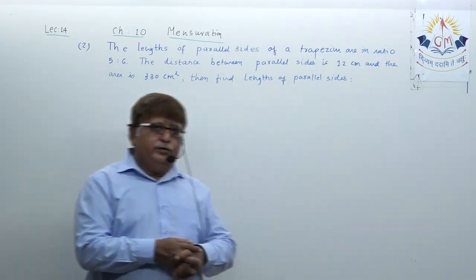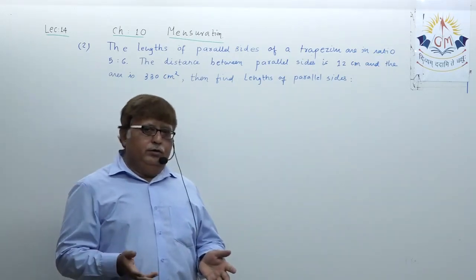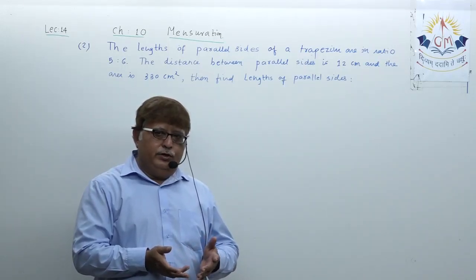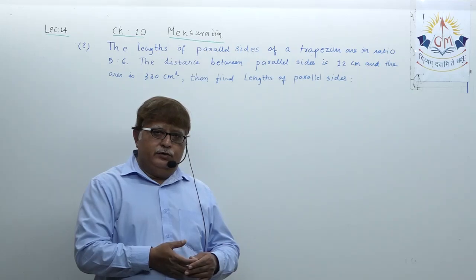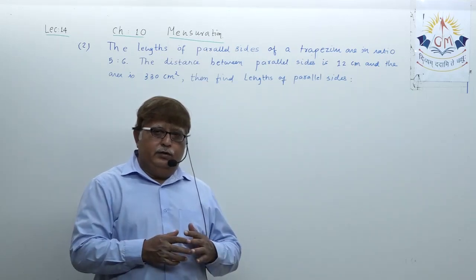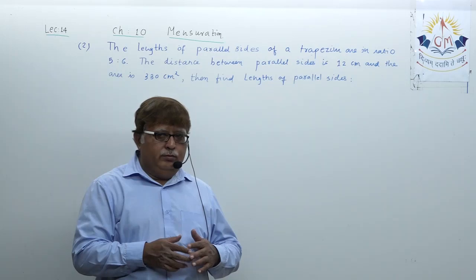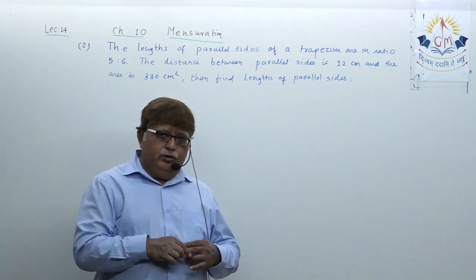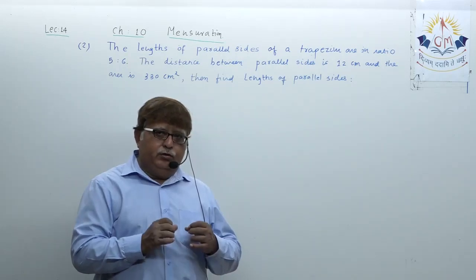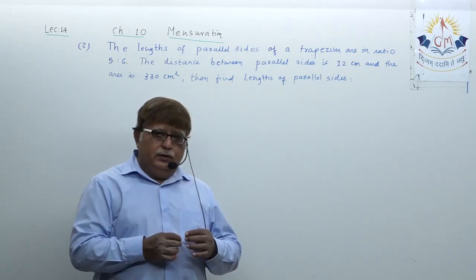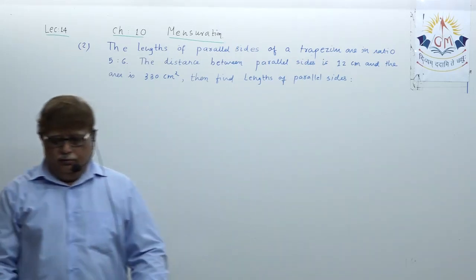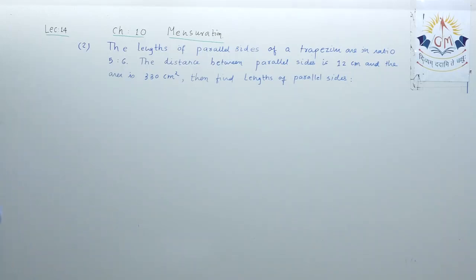As you all know, it is 1/2 × h × (a + b), where a and b represent the parallel sides of the trapezium and h represents the altitude, the height of the trapezium, or the distance between the two parallel sides. Start thinking that way and try to solve this.